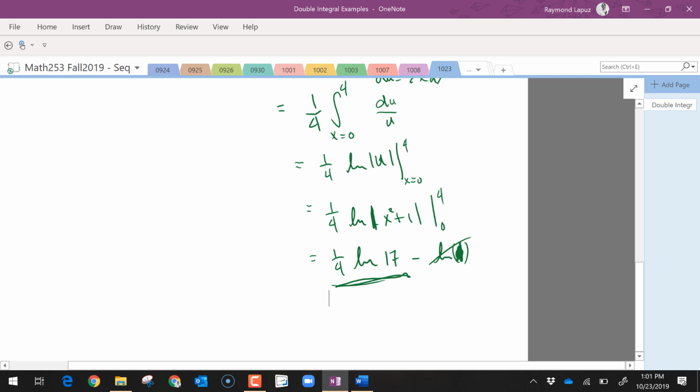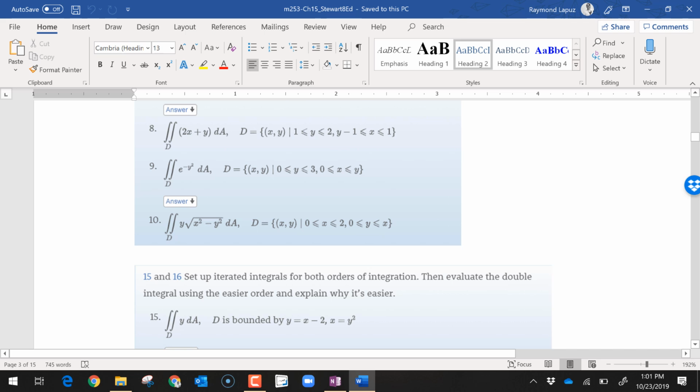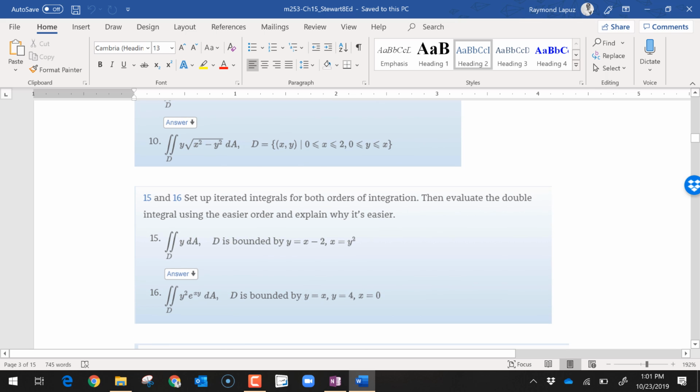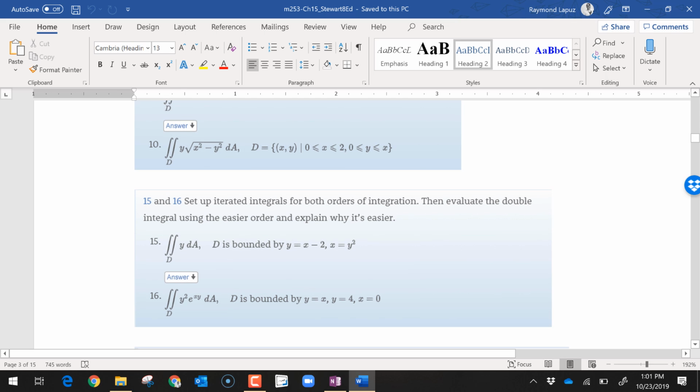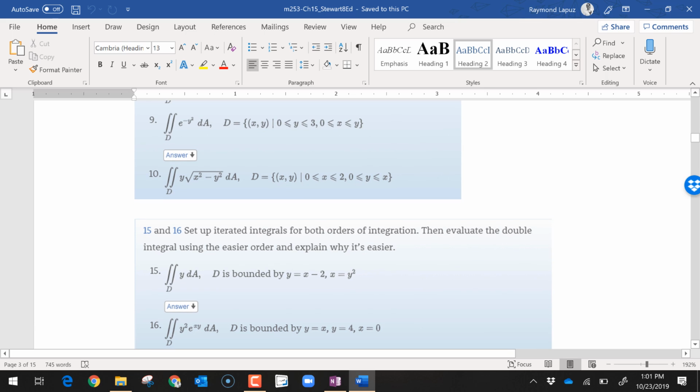Looks like we're going to do one example per page here. Let's do number 15.